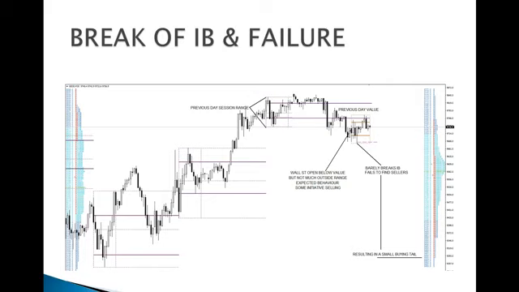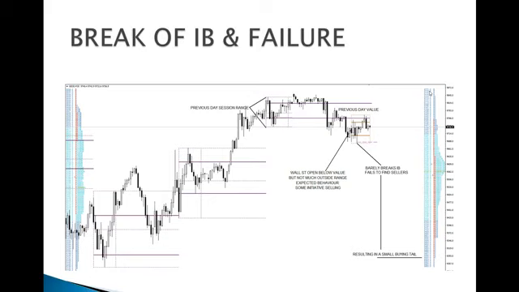Now, you do have to combine this with the average daily range as well, because if you've had an extension of balance and then you have a relatively small initial balance, and then you have an aggressive buying tail, and then we just continue straight through, and there's plenty of ADR to the upside before you even consider that the day might be over.